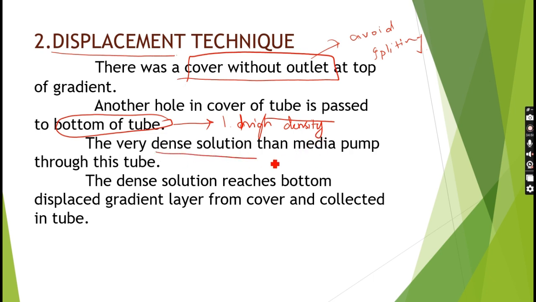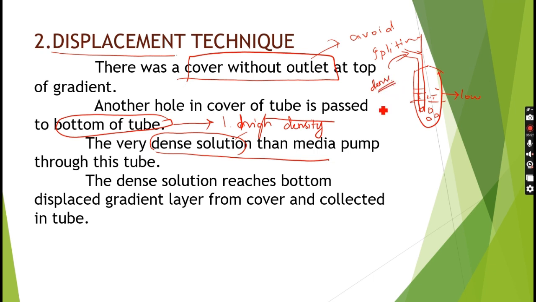A very dense solution is used. In a test tube there is a low density medium with components of similar density, and a high density medium with components of similar density. A cover is made. In this test tube, a tube is passed, and through this tube a dense solution is passed.